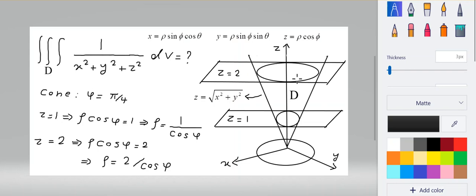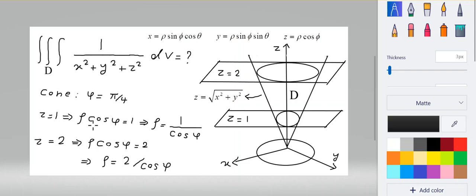So it means this is the surface nearer to the origin and this is the surface further from the origin. We have to find the spherical equation of these two planes. I have done it here for you. Z equals 1. We know that z is rho cosine phi equals 1.